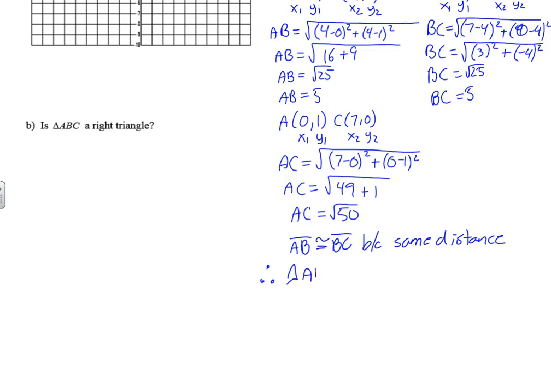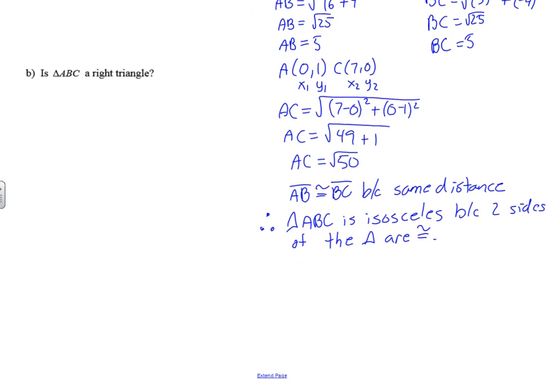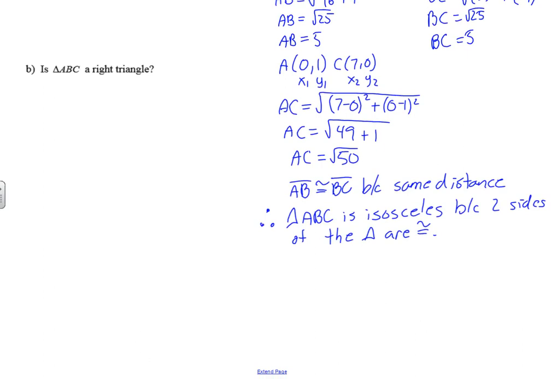Therefore, triangle ABC is isosceles because two sides of the triangle are congruent. Okay, so in our coordinate geometry things, we're going to begin with formulas, and then we're still going to make a statement and a reason, but we're not going to put it into a column format. We're just going to make these conclusions and make a statement and say because.